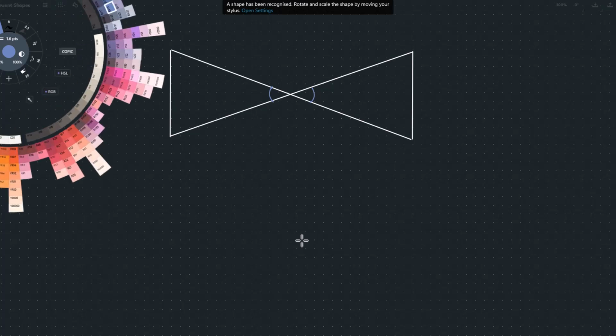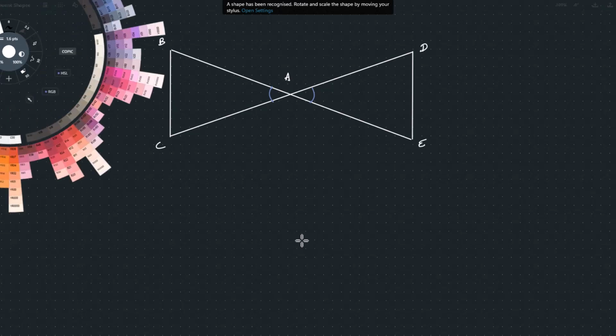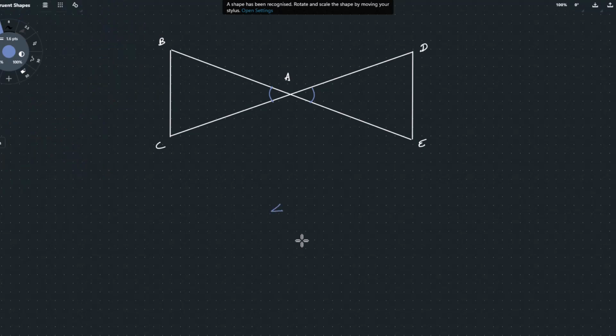We're going to have to label some points to be able to do this a little more easily. So we'll go A, B, C, D, E. So I can say for sure angle BAC is going to be congruent to angle EAD, and I know that because these are vertical angles.